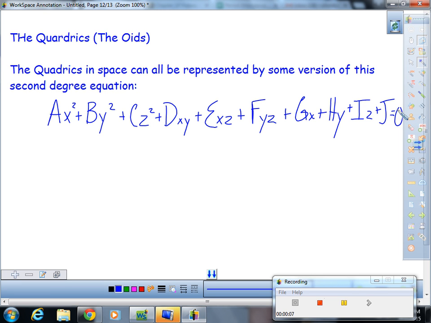Holy cortex surface, Batman. Alright, so don't freak out about this, okay?